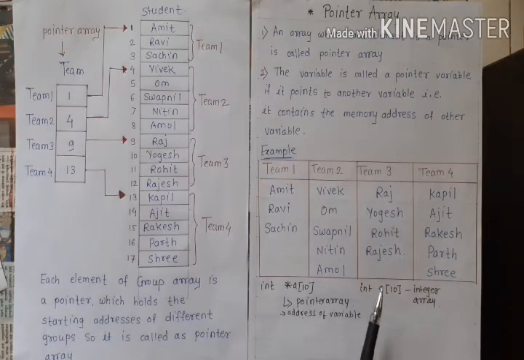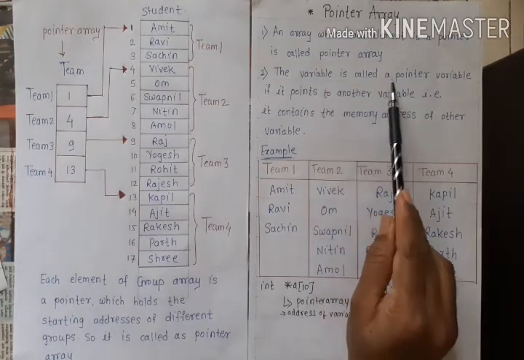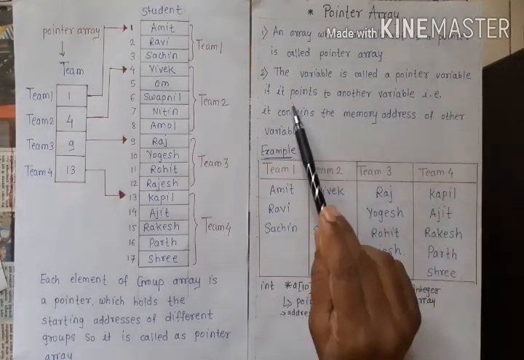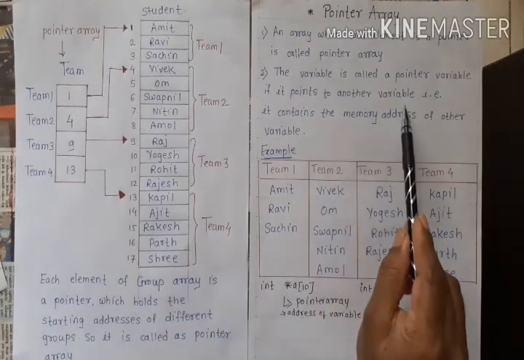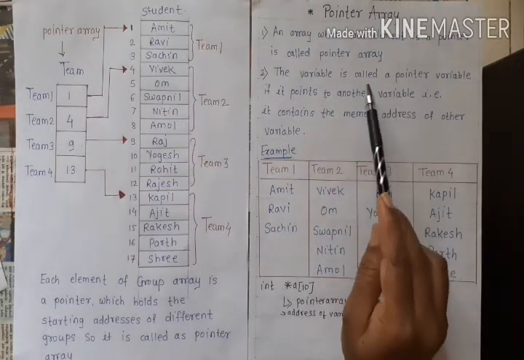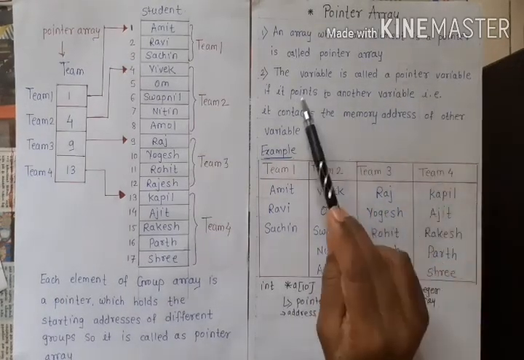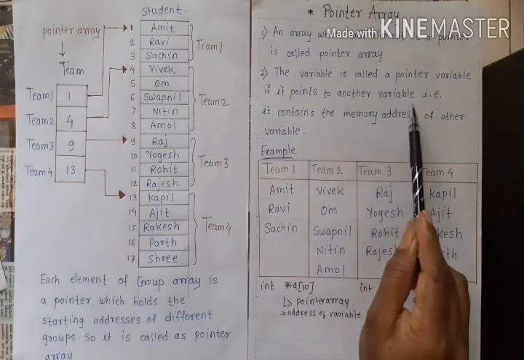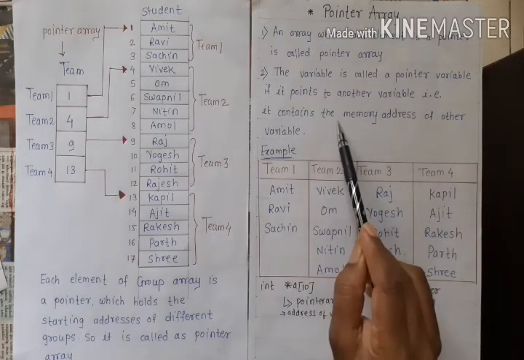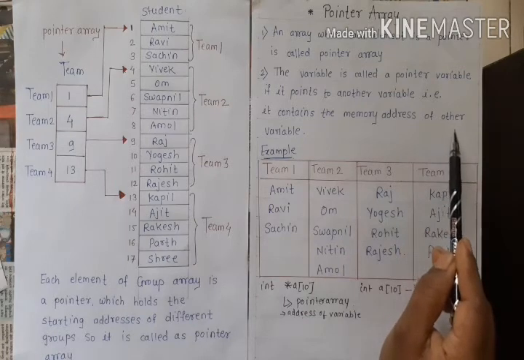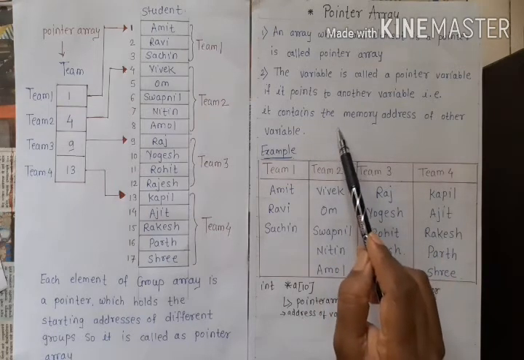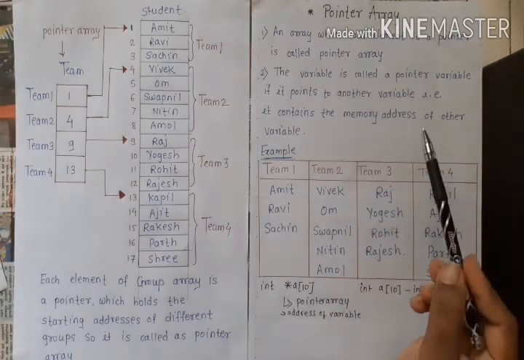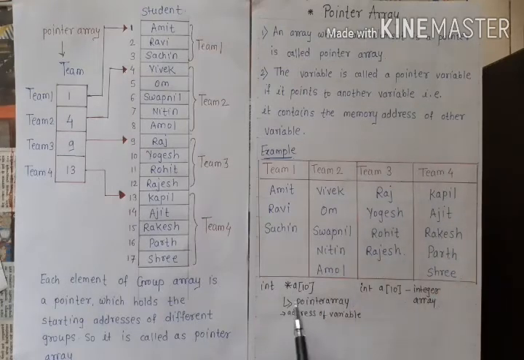What is a pointer variable? A variable is called a pointer variable if it points to another variable, that is, it contains the memory address of another variable. First see what is pointer: pointer indicates star.